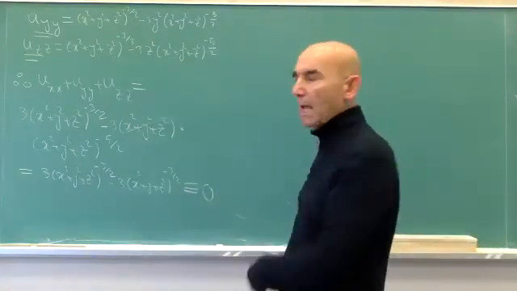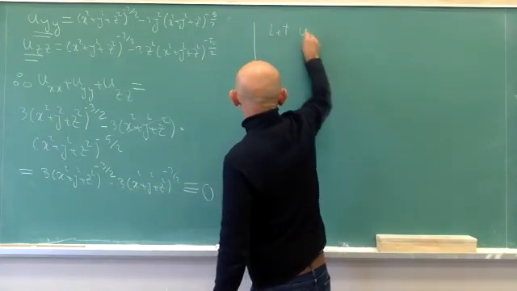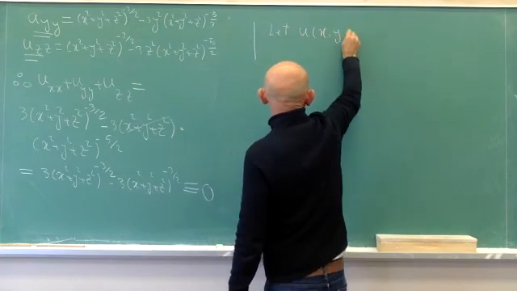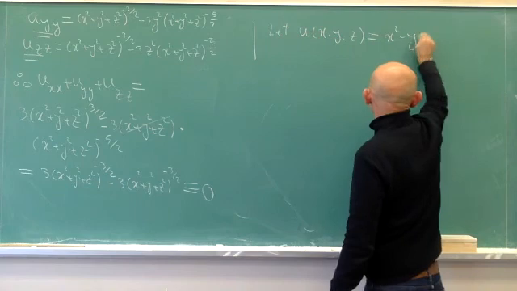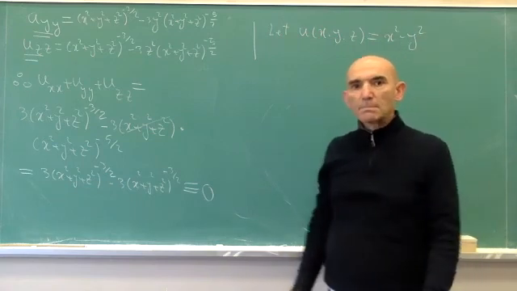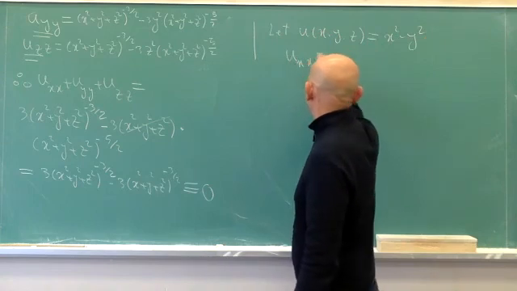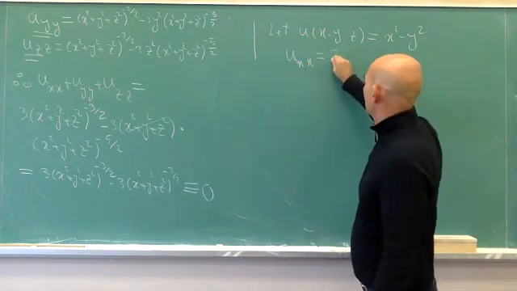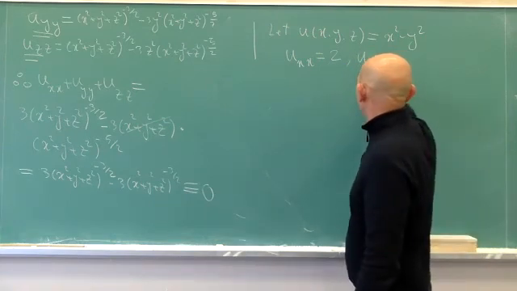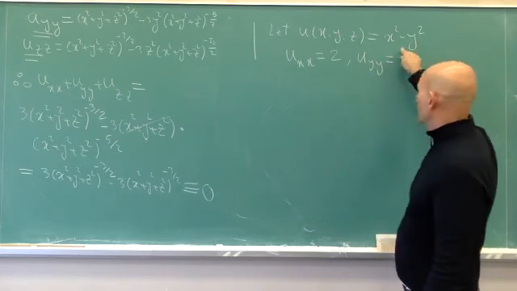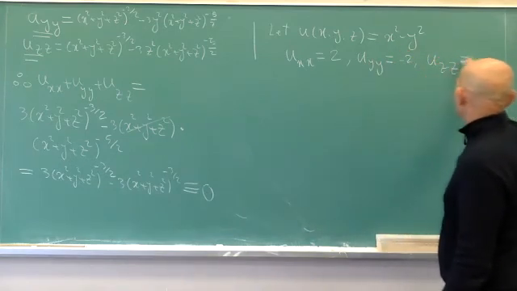So let me give you an example. Let u of x, y, z equal x squared minus y squared. So what is u_xx? It is 2, right? u_yy is -2. u_zz is equal to 0.